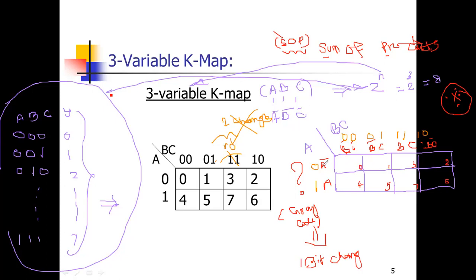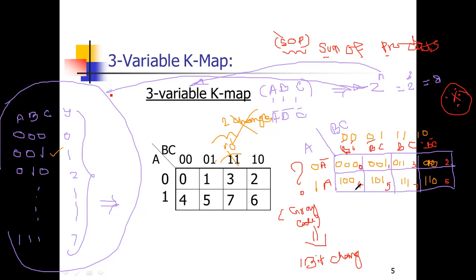What is this cell? 0 0 0, then 0 0 1, then 2 according to this table comes here, not here: 0 1 0, then 0 1 1 is 3, 1 0 0 is 4, 1 0 1 is 5. 6 should not come here, instead it should come here: 1 1 0, 1 1 1.